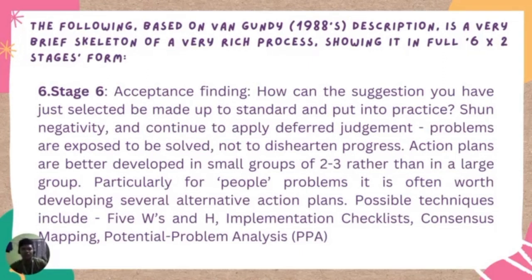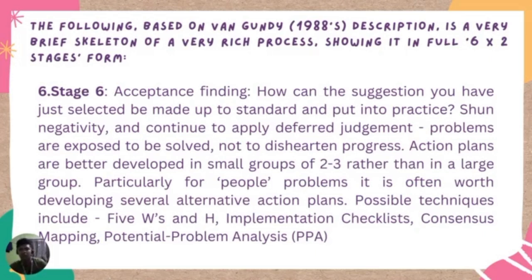And also, action plans are better developed in small groups. Yes, this is true. Because if you're working in a small group, you can easily brainstorm ideas and solutions for our action plans.